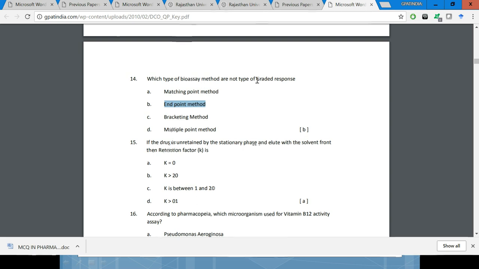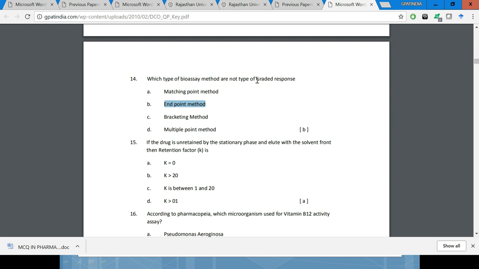there are 3 kinds of methods used for graded response bioassays. First is interpolation, where concentration of unknown is read from a standard plot of a log dose response curve of at least 4 submaximal concentrations. Second one is matching or bracketing.